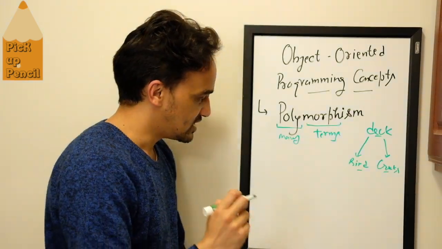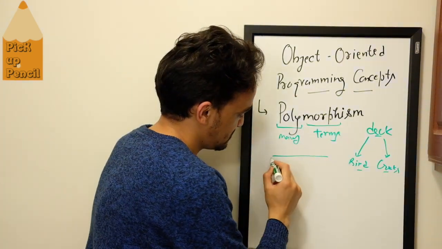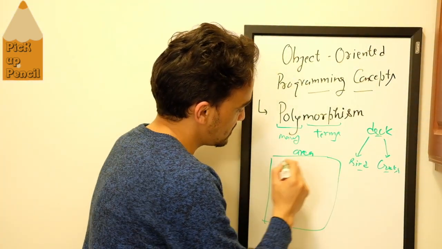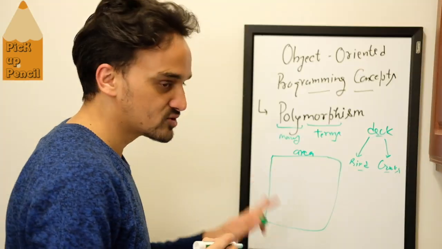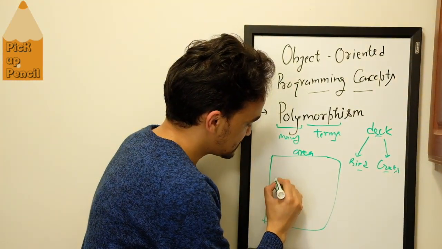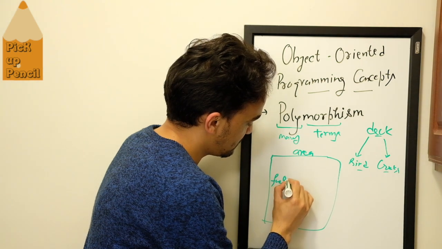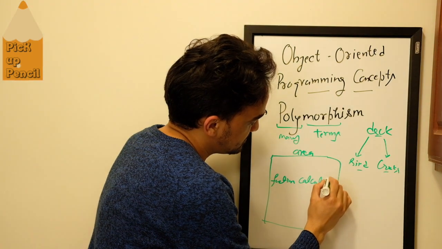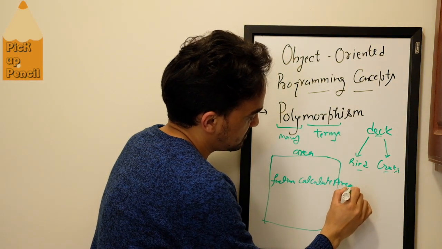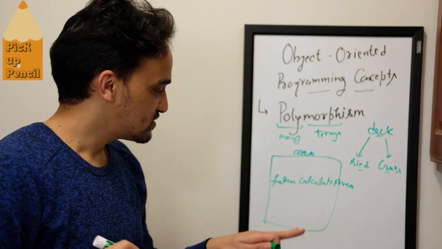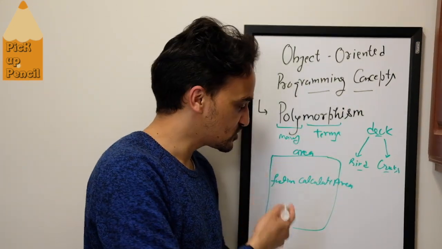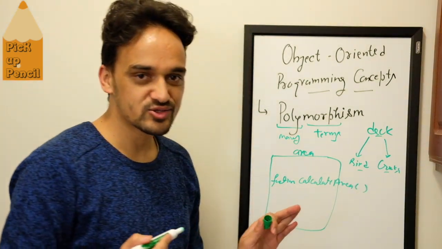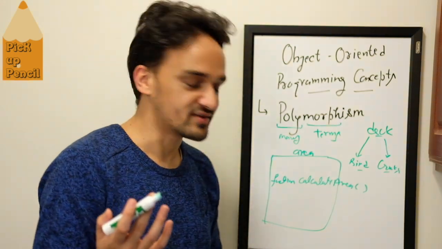Let's suppose I have a class Area, and it has a function calculateArea. Now I'm going to show you how the same function calculateArea is going to act differently in different situations.